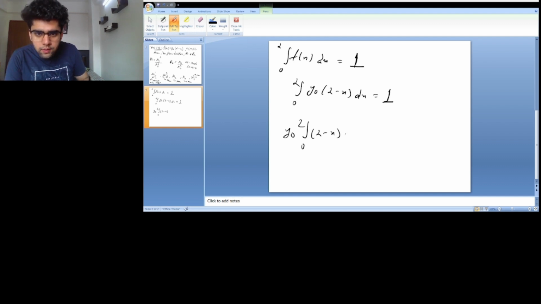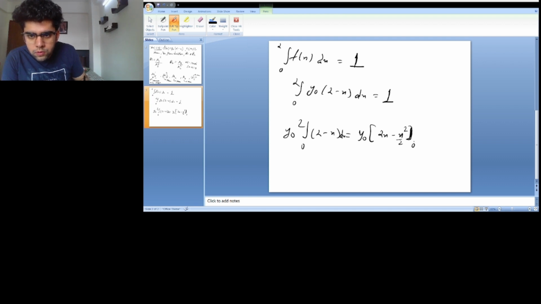So now integrating this will give me y naught times 2x minus x square by 2, 0 to 2, y naught 4 minus 2, equal to 1.